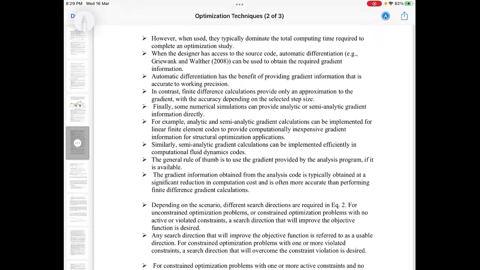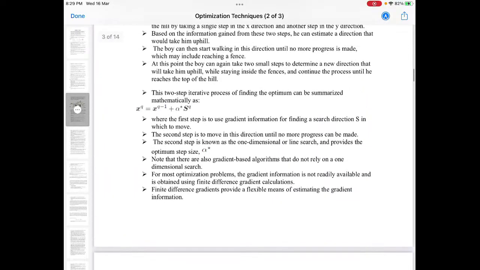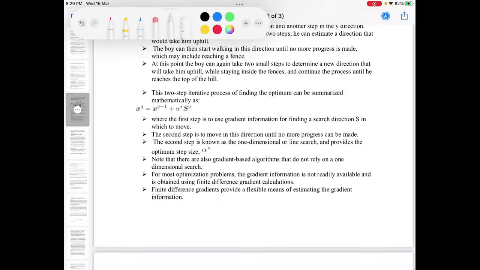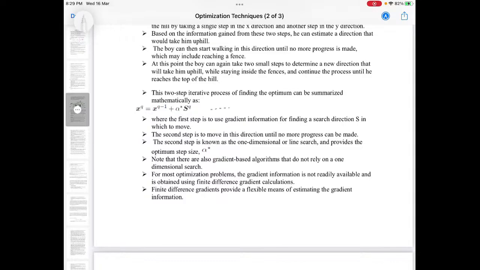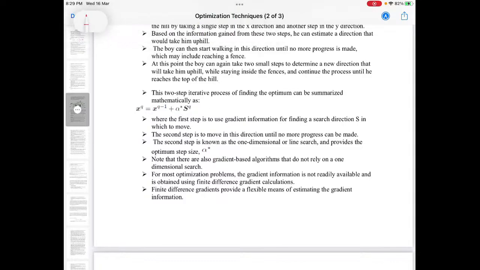As you have seen, equation number 2 shows the search direction. Let me mark this as equation number 2.